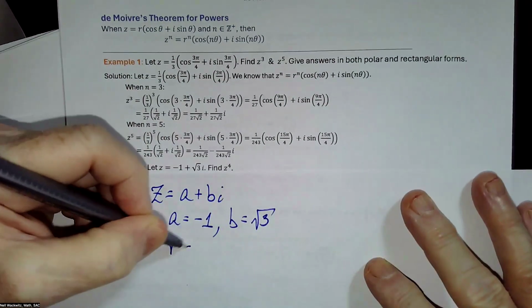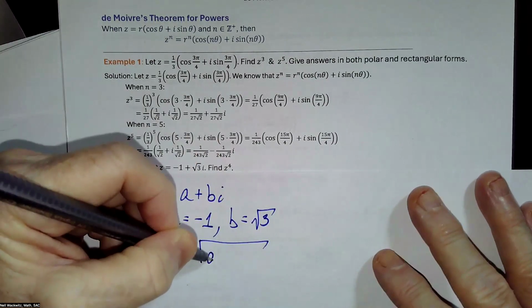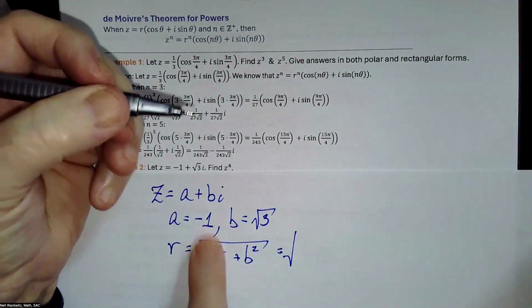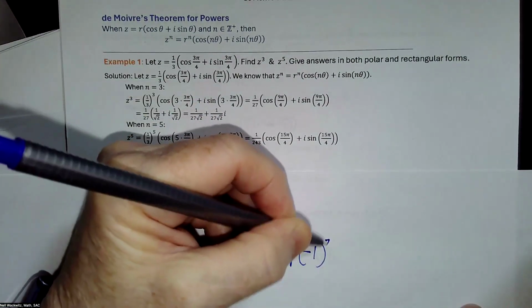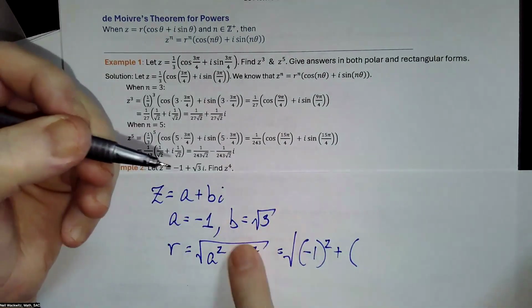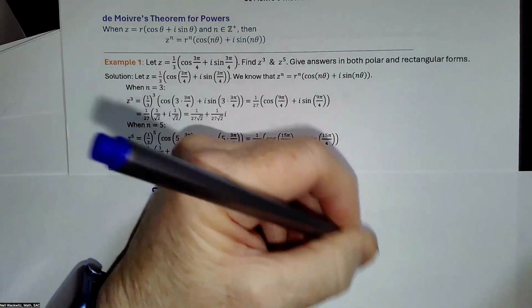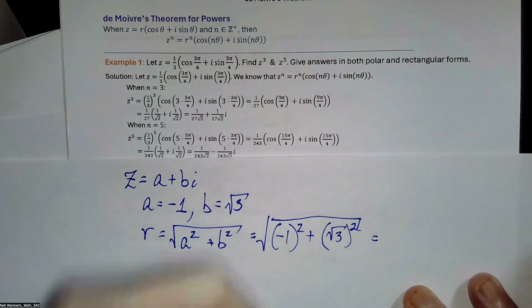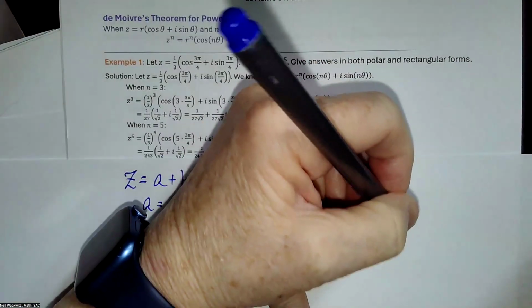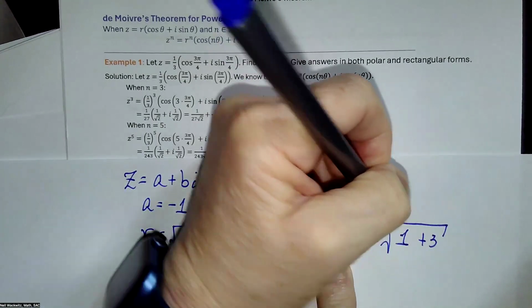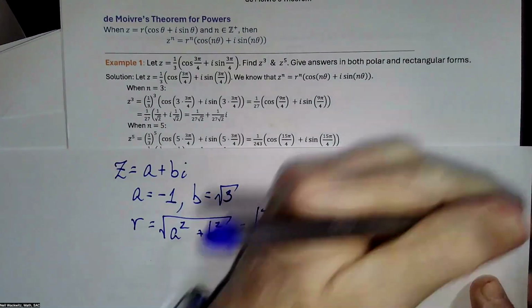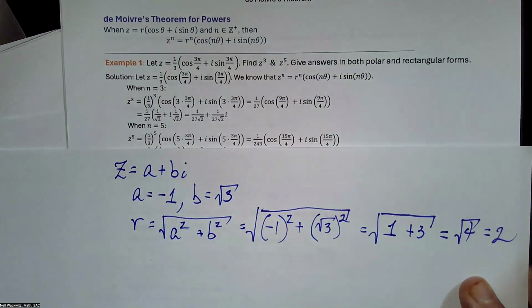We know that r is the square root of a squared plus b squared. a is -1. b is the square root of 3. -1 squared is 1. Square root of 3 squared is 3. 1 and 3 are 4. And the square root of 4 is 2. Now that's sweet.